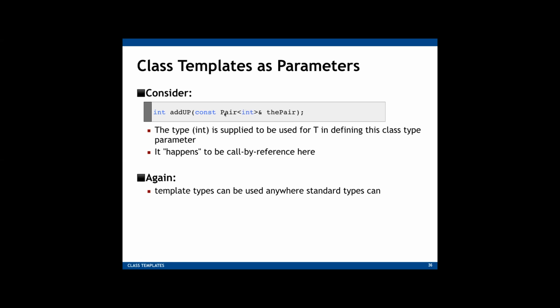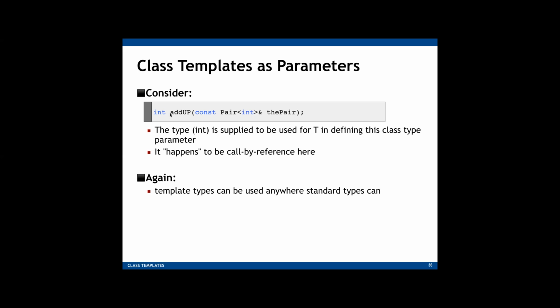So pair is a template class we defined in previous slides. By specifying int here, the type parameter T will be replaced by int. So these objects will store int type values. So these adder functions receive objects of the pair class type, which stores int type values.